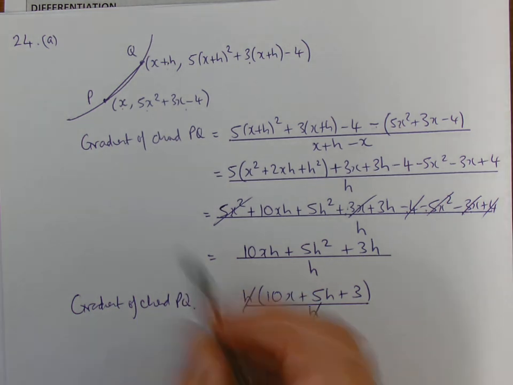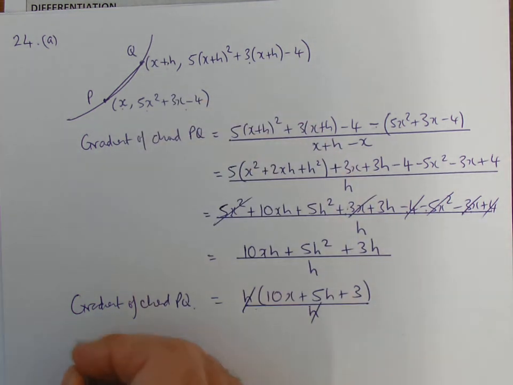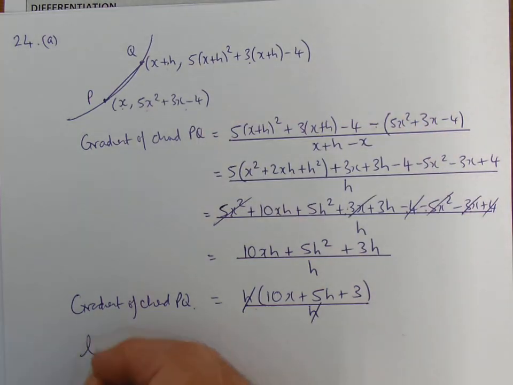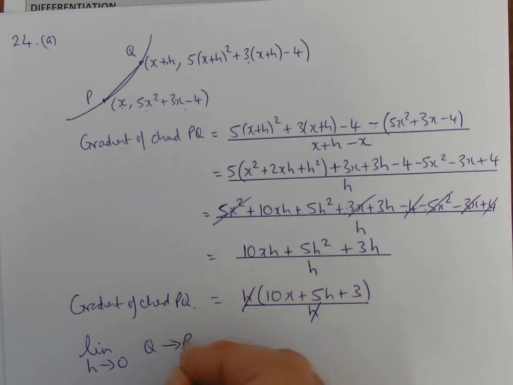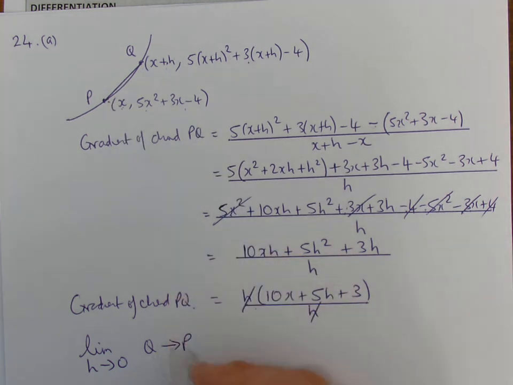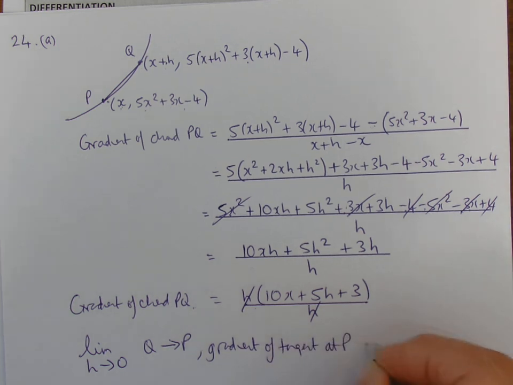Now then, as Q tends to P, so all I'm doing now, I'm going to let h tend to naught. Okay, so in the limit, as h tends to naught, Q tends to P, and that chord PQ will then become a tangent at P. So the gradient of the tangent at P will become, and I put h equal to naught, so that term goes, 10x plus 3.